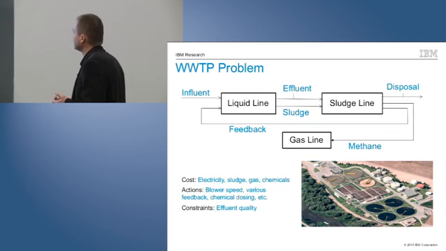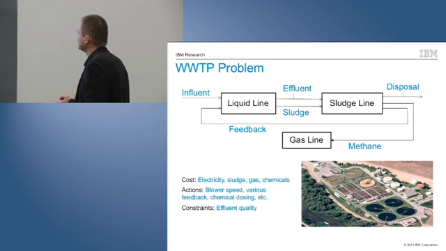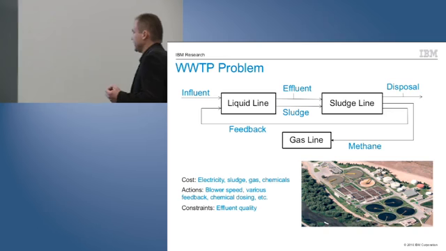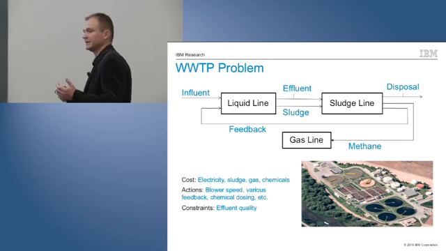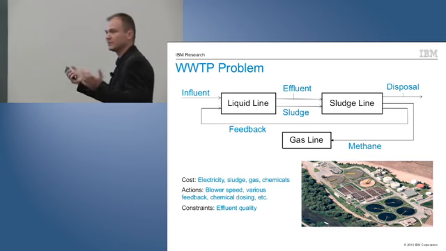After the liquid line treatment, the most solid part of the water is going to the sludge line and undergoes a digesting process for a long period of time, sometimes greater than 1 week. Here, the most solid part of the water is loaded on the trucks and taken off the plant.